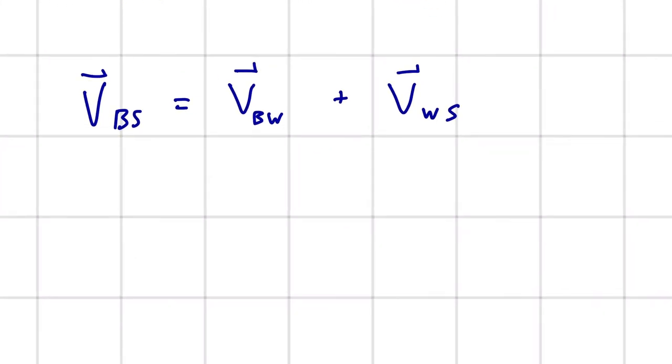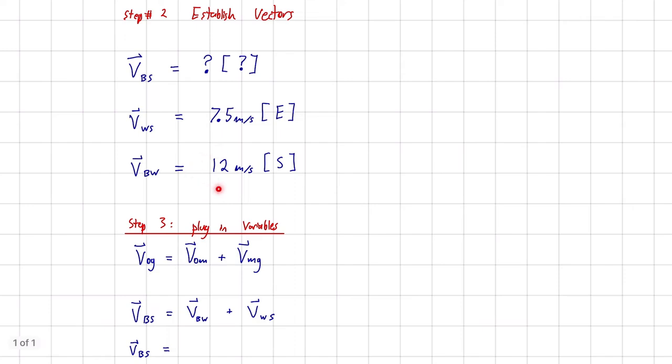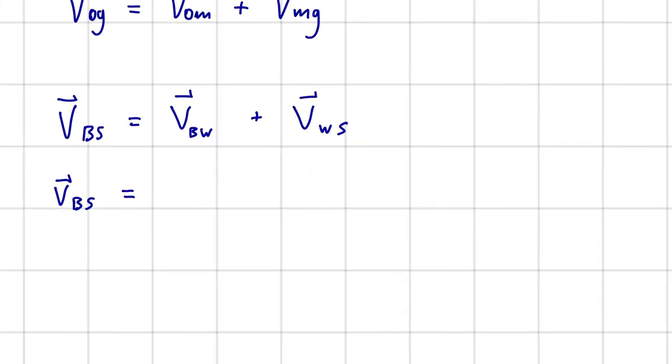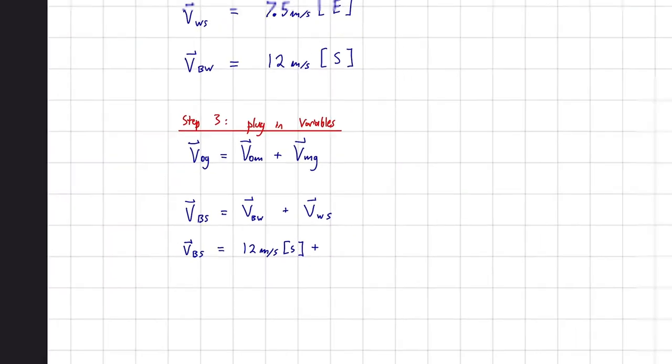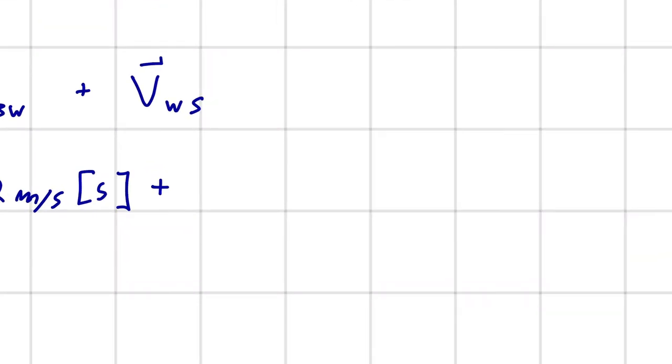All right, and now let's plug in these known values. So VBS, we don't know. VWB is 12 meters per second south, plus VWS, which was 7.5 meters per second east.